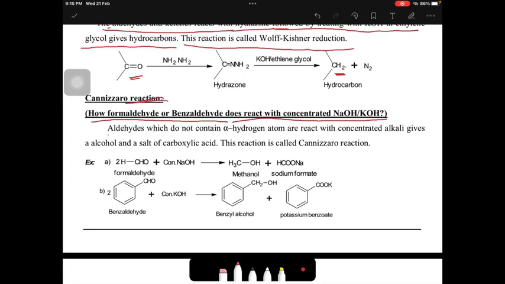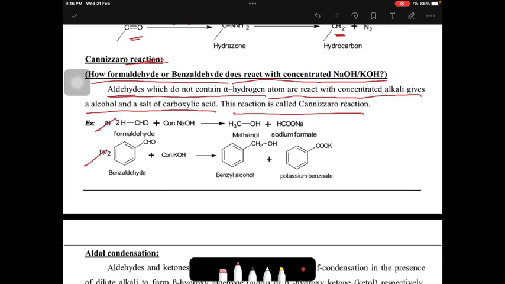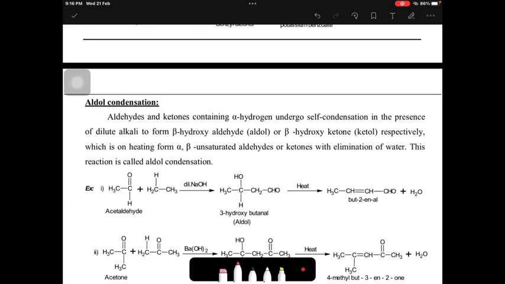Cannizzaro reaction: aldehydes which do not contain an alpha hydrogen atom react with concentrated alkali to give an alcohol and a salt of carboxylic acid. This reaction is called Cannizzaro reaction. Examples: formaldehyde and benzaldehyde undergo Cannizzaro reaction.